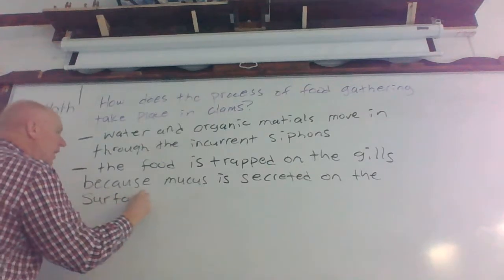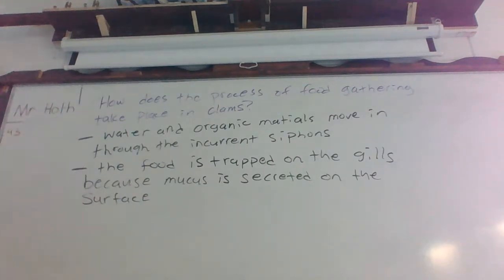Okay, so now that this is trapped, how's it going to get from that point A to point B? Point A is the gills. Everything has to be taken in through a mouth. So how's it going to get from there? Right. Okay.